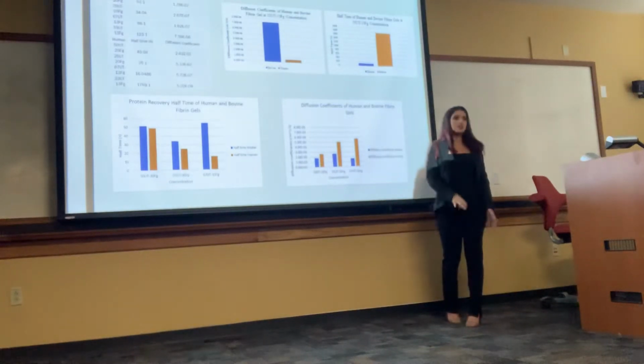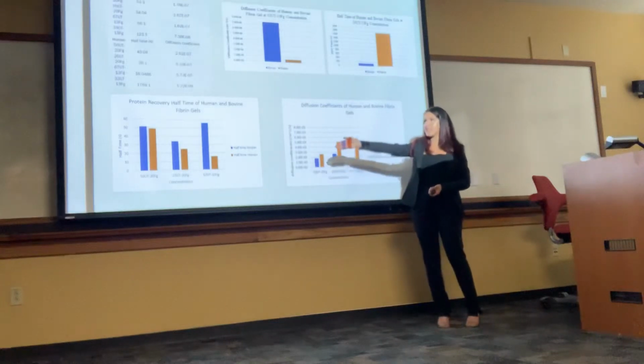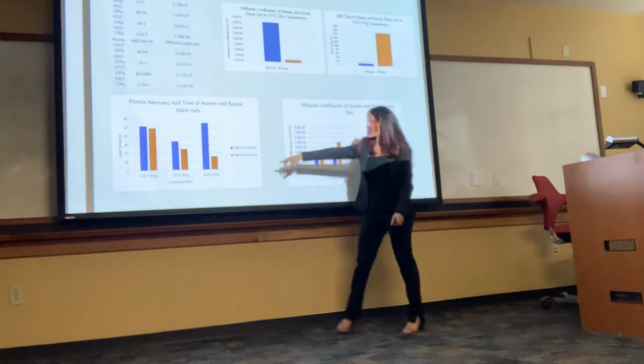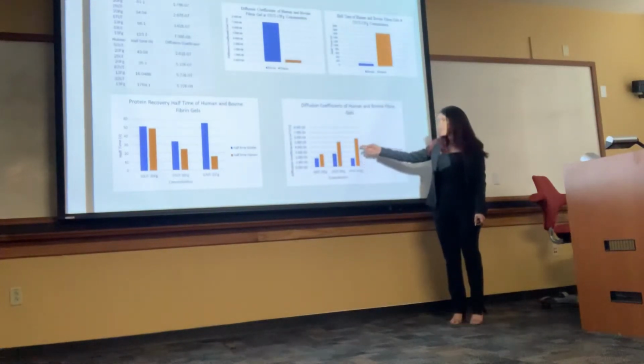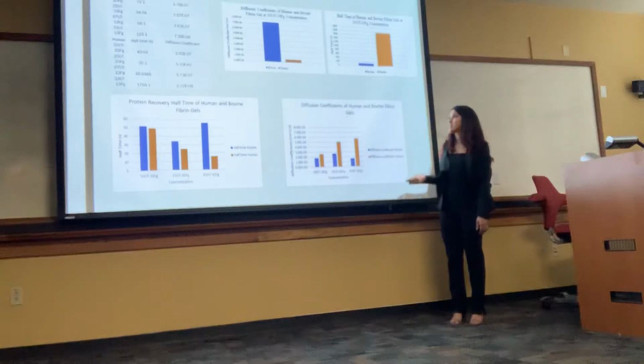This is basically just a visual comparison, so it's easier to see, and we can definitely see that there's a faster protein recovery time for the human over here, which is the orange, versus the bovine. And again, the diffusion coefficient for the human is way higher, so your protein is going to be diffusing way more readily across the gel.